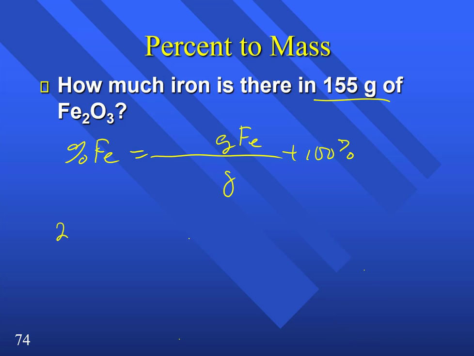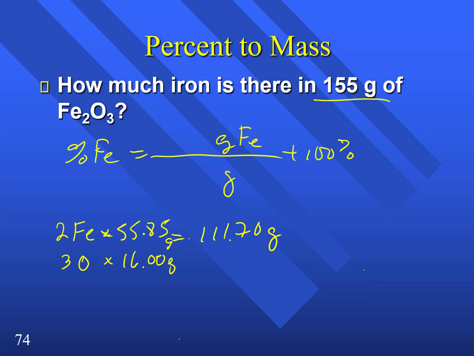So I need to assume I have 1 mole, so I can say I have 2 moles of Fe and 3 moles of O. 2 Fe's times 55.85 is 111.70 grams. 3 oxygens times 16.00 grams is 48.00 grams, so that's 159.70 grams.